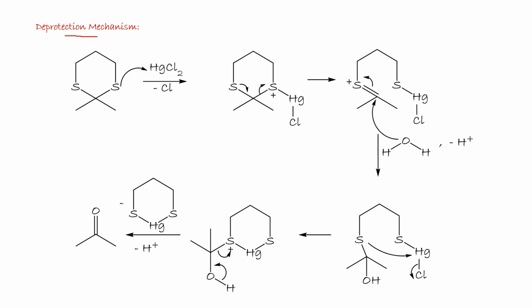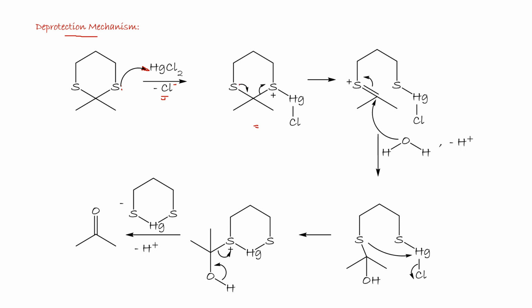The deprotection mechanism: why we used water, mercury chloride or mercury oxide. The sulfur would like to form a very strong bond with mercury, so a sulfur lone pair will attack on the mercury, kicking Cl out, to form this species.